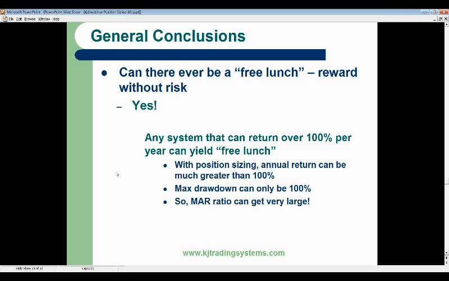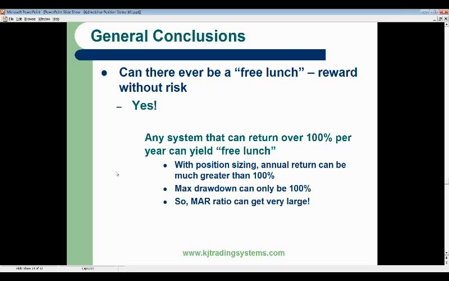And the easiest answer to that is just think of a system that can return 100% a year or more. If you put position sizing to it, you can get annual returns probably in the 500,000%. And the worst you can ever do is a drawdown of 100%, so you can't get any bigger than that. So you have unlimited returns on the percentage side, but a limited risk.